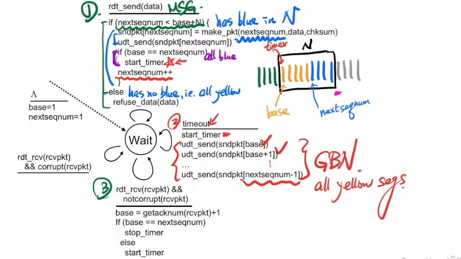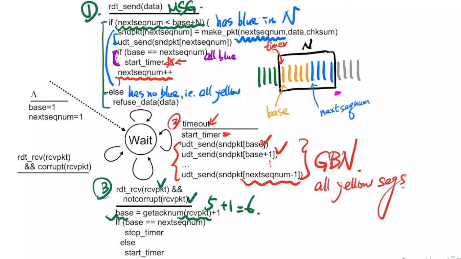Okay. Number 3, as a sender, when I receive a packet and it is not corrupted, I will take a look at the sequence number that I received, the ACK number that I received. Take this, for example, number 5. If I get ACK number 5, then I add 1, so that is number 6.